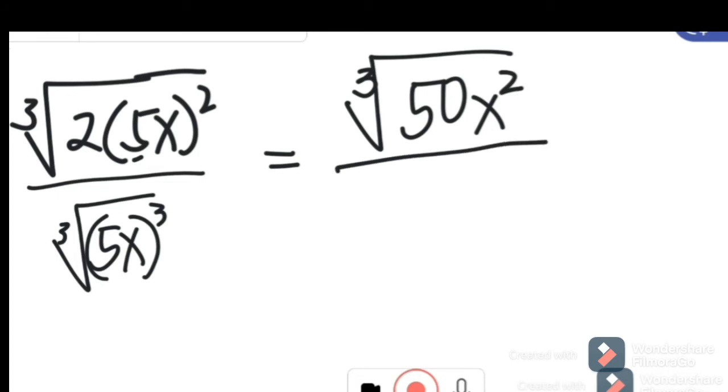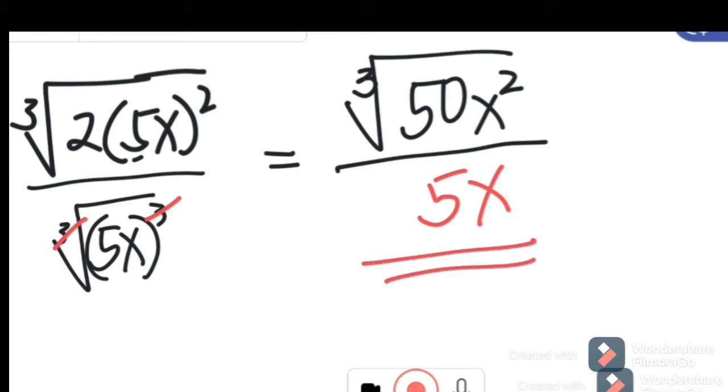In the denominator, 5x quantity cubed, or in the denominator, the cube root of 5x raised to 3. We can cancel this and this. So we now have 5x in the denominator. So this is now our answer.